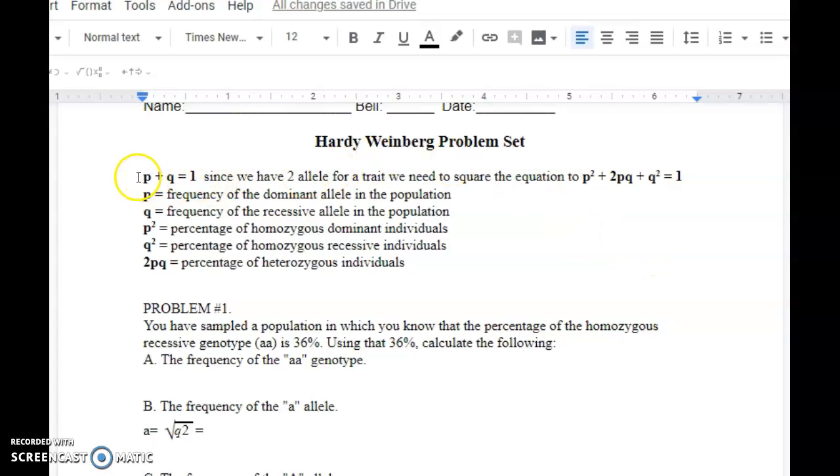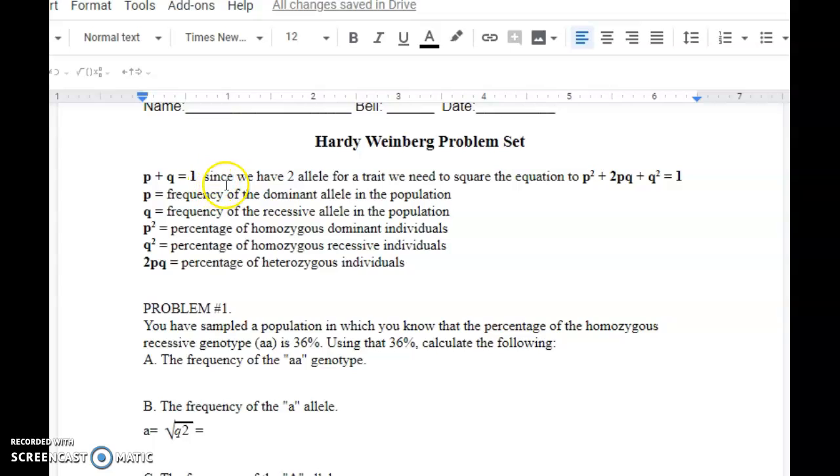So if you look at the equation, the basic equation that they came up with was P plus Q equals 1, and this was to determine frequencies. Some geneticists read about what Hardy-Weinberg was trying to do and realized, hey, most genes have 2 alleles, so this might help us figure out frequencies.